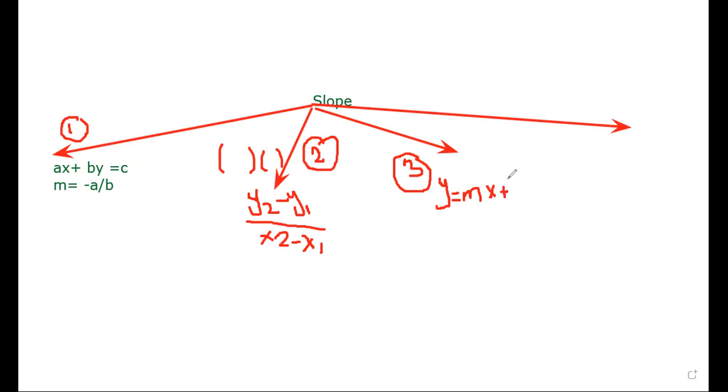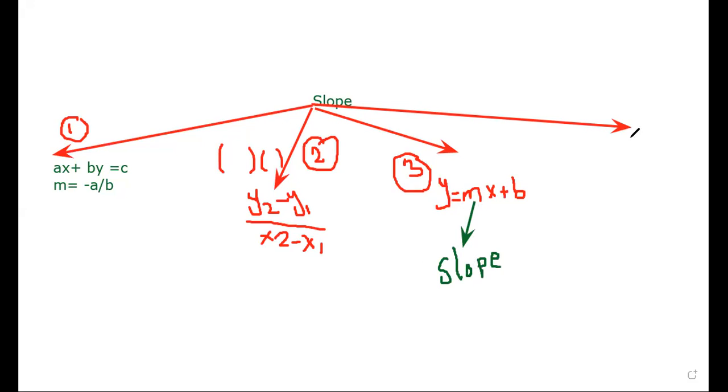And how will you find the slope from this equation? m. Thank you. So this represents the value of the slope. So once you have an equation and you want to find the slope, it will be the value of m.